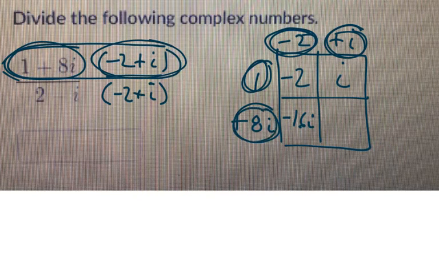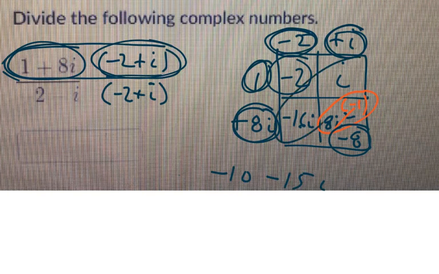And i times 8i is 8i squared. Wait a minute. Didn't we learn that i squared is really a -1? So we have 8 times -1, which is -8. So far our answer looks like this. -2 and -8 is -10 minus 15i. Because -16 plus 1 is -15i.